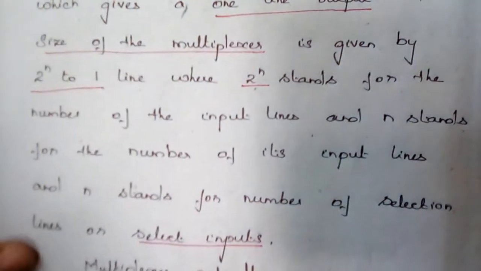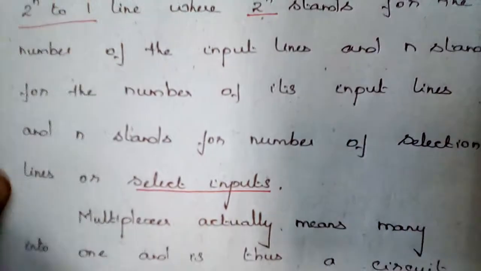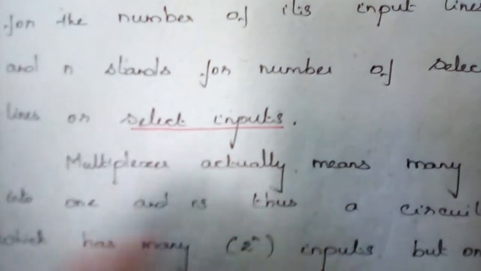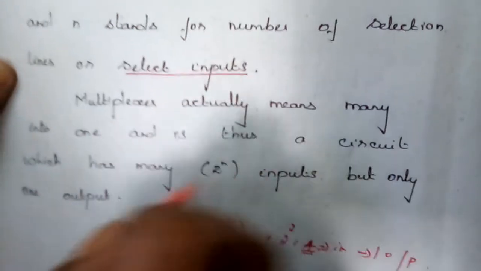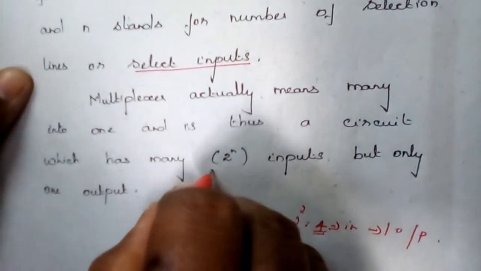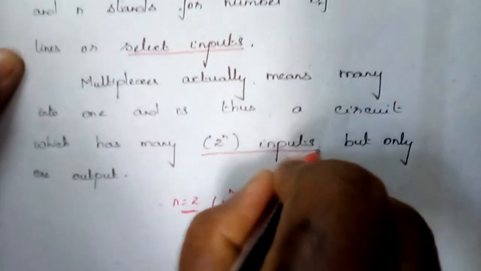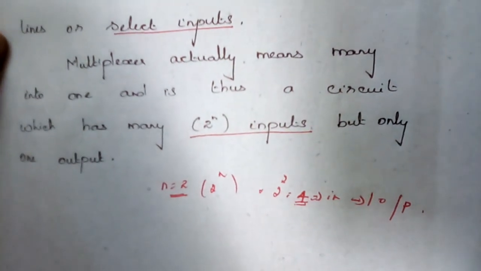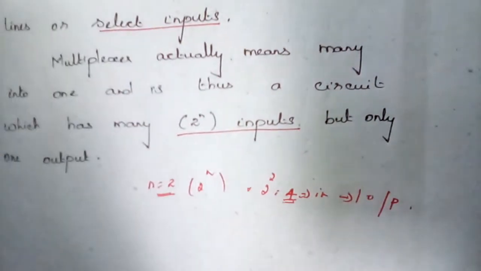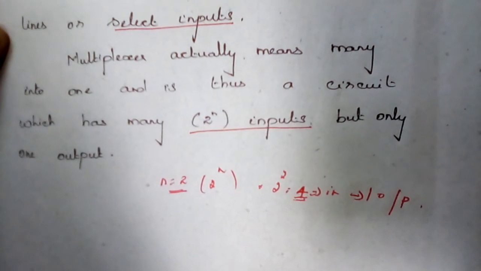Multiplexer means many to one, and it is a circuit which has 2 power n inputs. You remember that multiplexer means many to 1. That means many inputs and then one output.